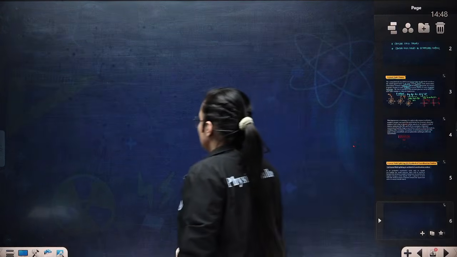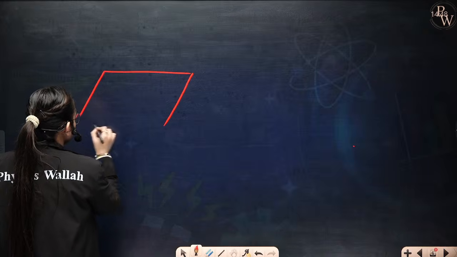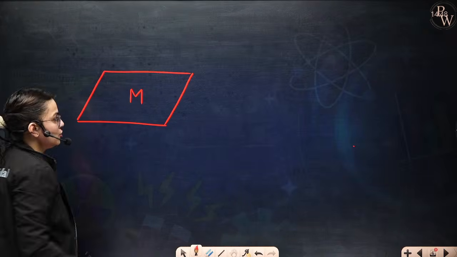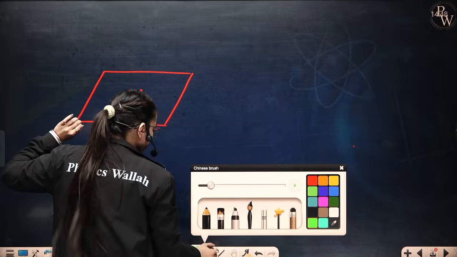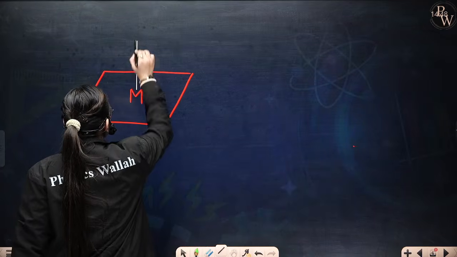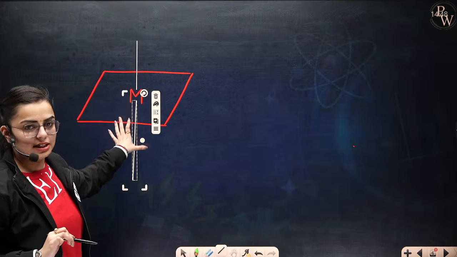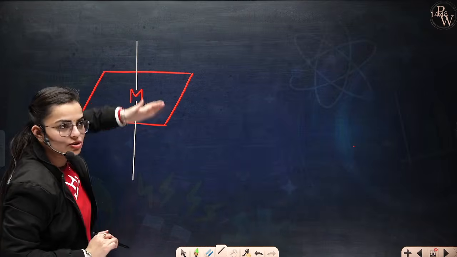Let us consider that we have the central metal atom over here, right? And this is your which axis? As I am drawing it in 2D, it is basically like this.